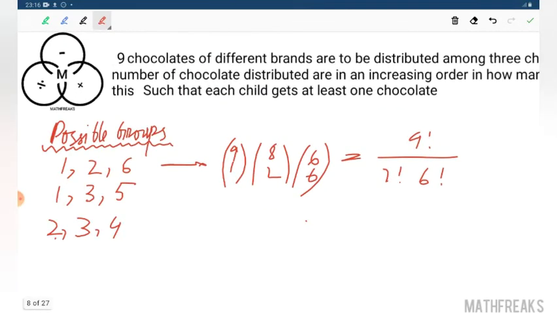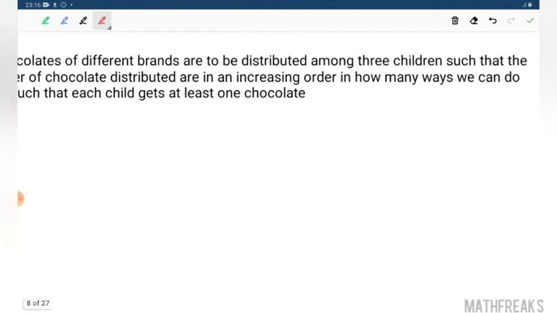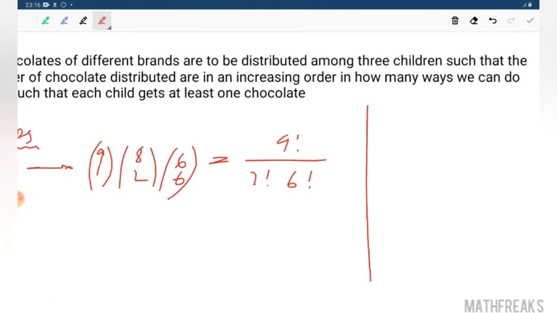Now this time, in the previous case we have seen that the order of group was unique because it was given respectively, but now the order of group is not unique.